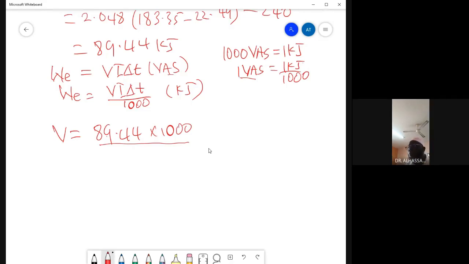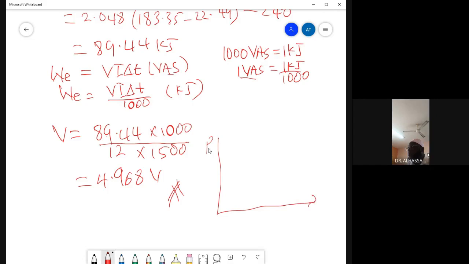The current is 12 amperes times the time, 1500 seconds. If you calculate this carefully, this gives you 4.968 volts. That's the voltage as far as this question is concerned. And then the last part, we are told to sketch the PV diagram with respect to the saturation lines. The PV diagram looks like this.